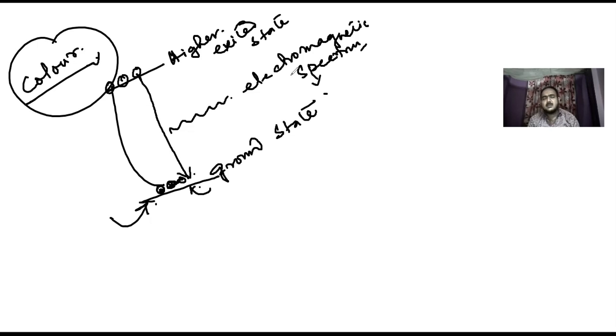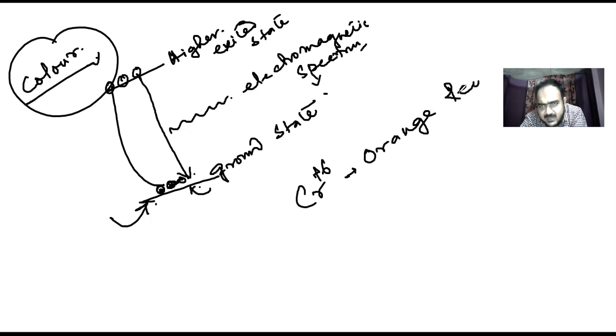Again, in chromate, CrO4 2 minus, Cr in +6 is orange yellow, or yellowish red. You can say orange red. In case of +3, it is green in nature.